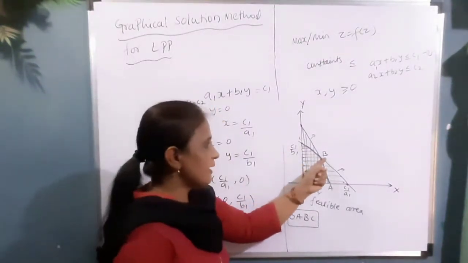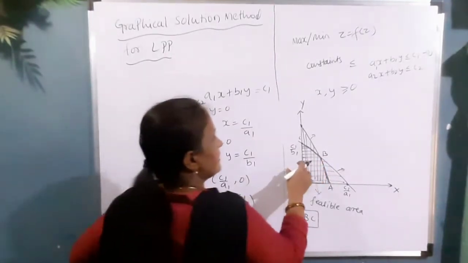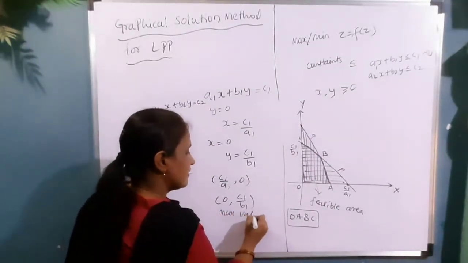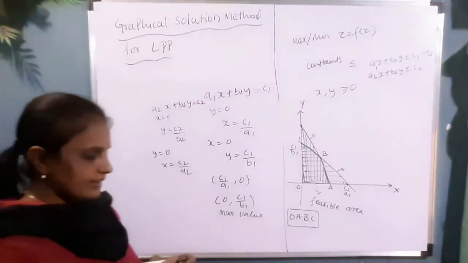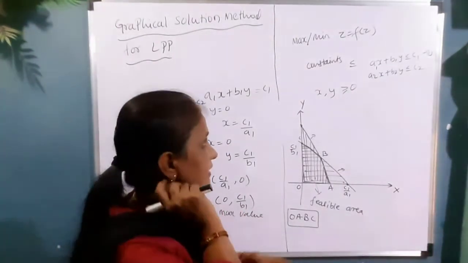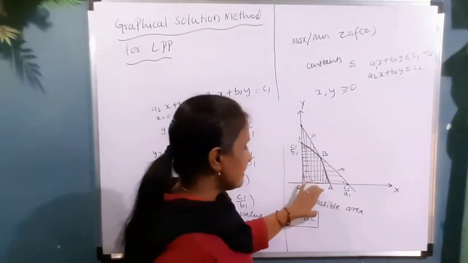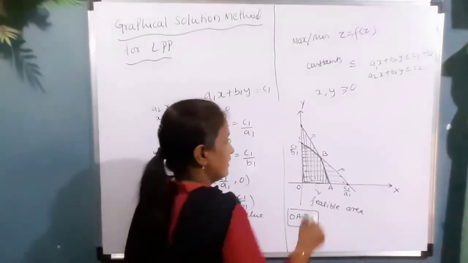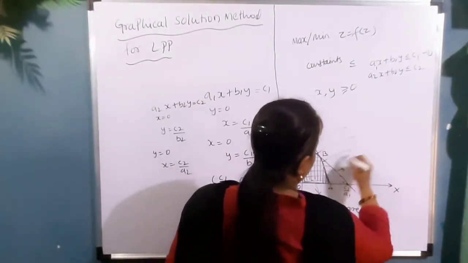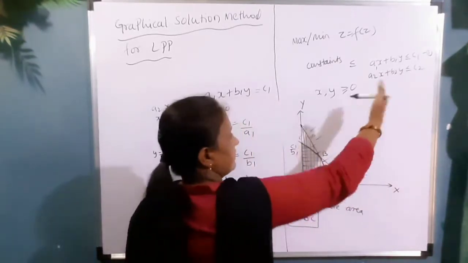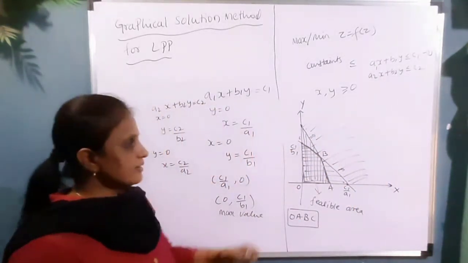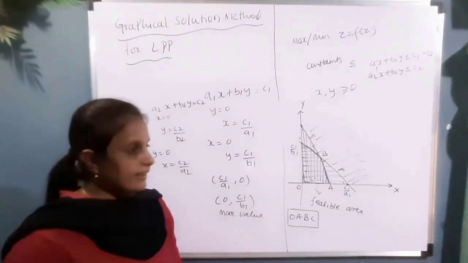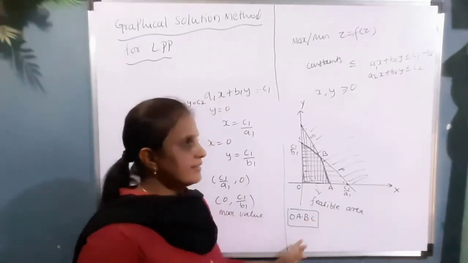After finding point B, we substitute in the value of Z and we get the maximum value. That will be the solution of the graphical method. When we have less than or equal to, the feasible area is inside. When we have greater than or equal to, the feasible area is unbounded, on that side, and the common area will be the feasible area, same thing will happen.